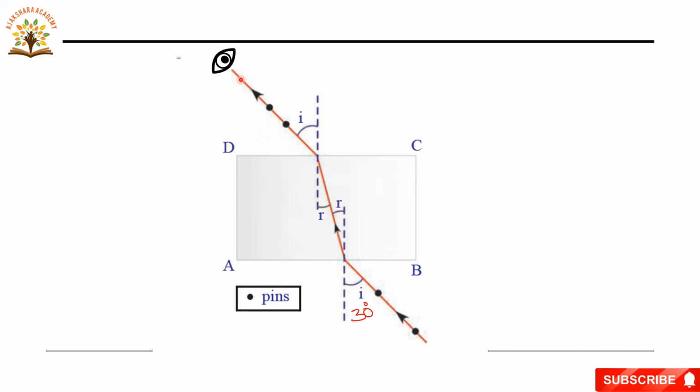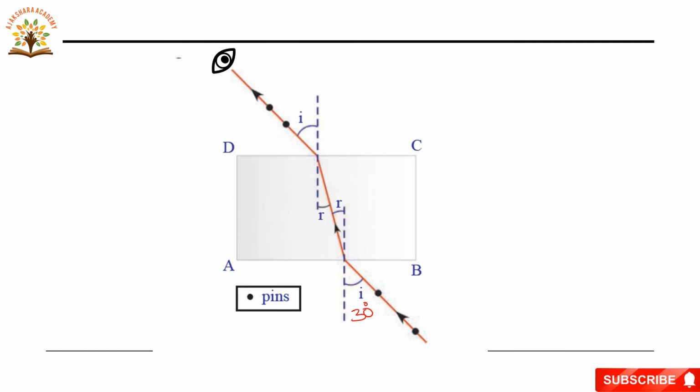Now we have to join these two dots. This line represents the emergent ray. Here the light ray is traveling initially from rarer to denser, and this refracted ray moves towards the normal. This is the angle of refraction.